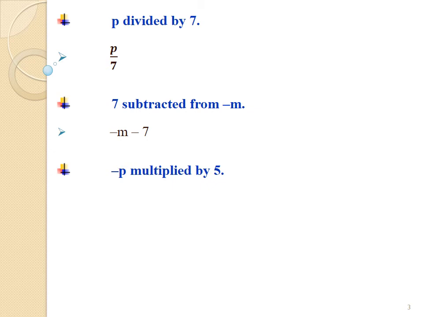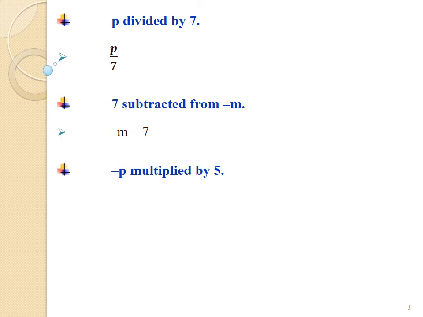Thus, multiplying minus p by 5, we get 5 multiplied by minus p. Students, we know that in algebra, we ignore multiply sign when a variable is multiplied by a constant.